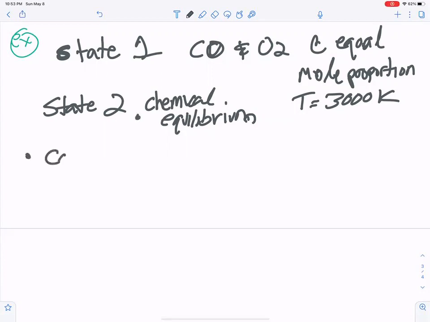Also, given, as I just said, it's going to be an equilibrium mixture at the end, a mixture at chemical equilibrium at 3000 Kelvin.